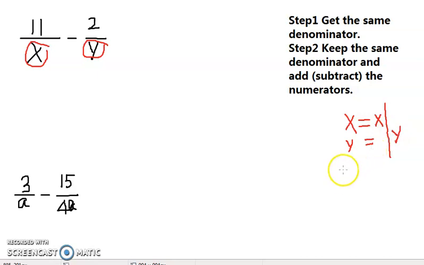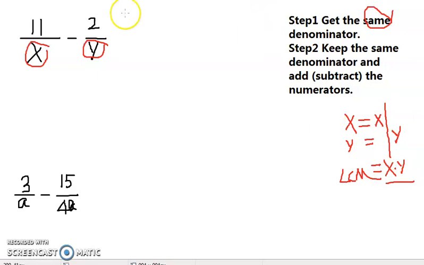And now the LCM of x and y, we bring down one number. In here, it's one letter from each column. So we're going to get x times y as our least common denominator or multiple. So we are going to try to get the same denominator xy.